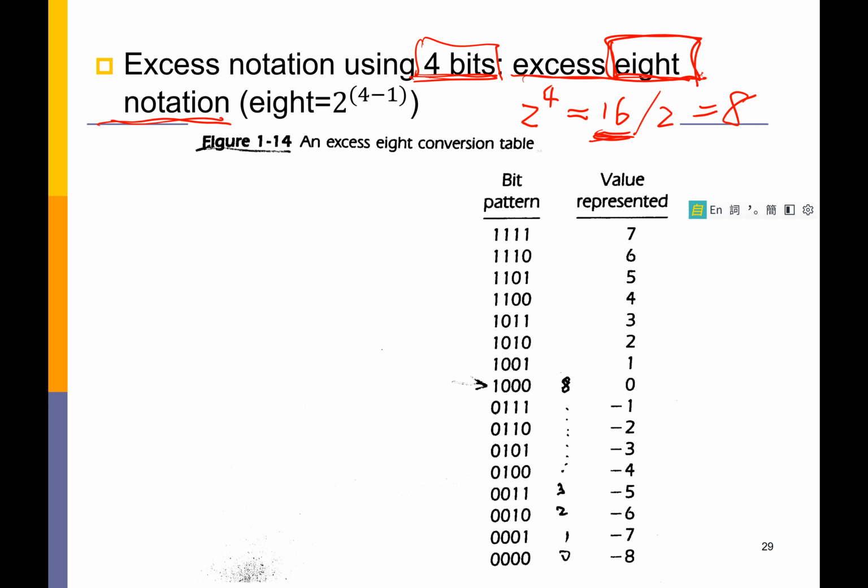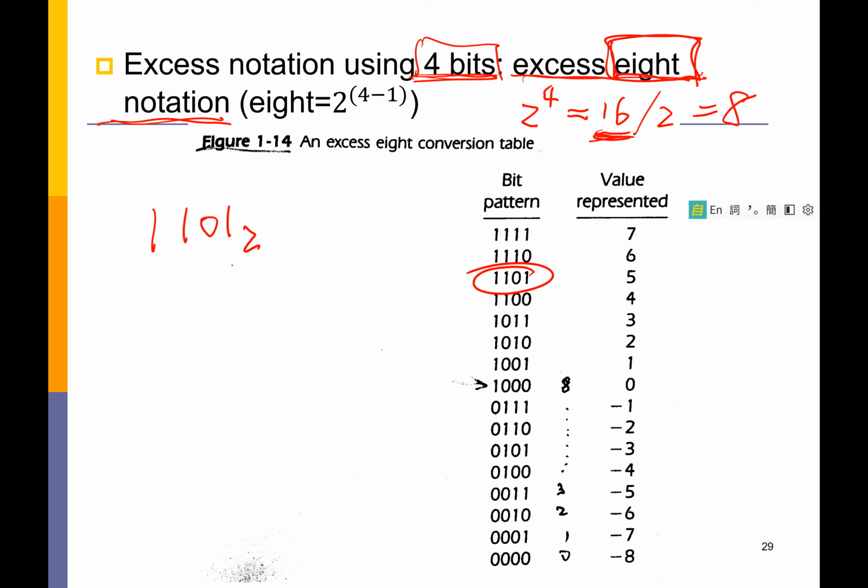So the real number we represent by binary notation, we subtract by A to get the actual number we are representing. Let's take a simple example here. Let's take this one, 1101 in base 2.